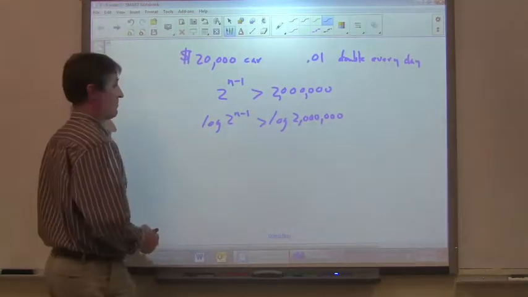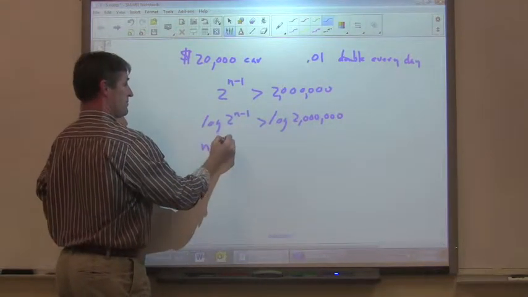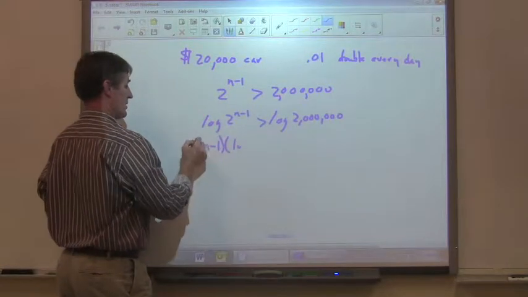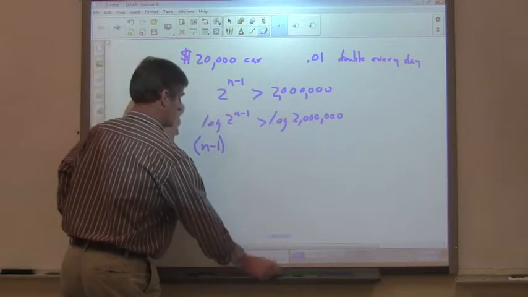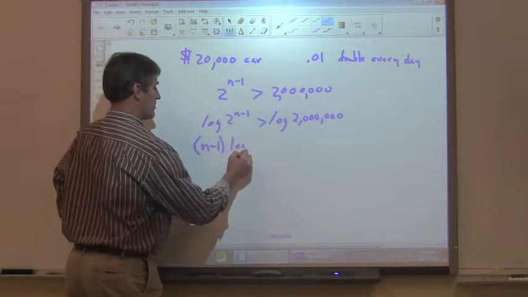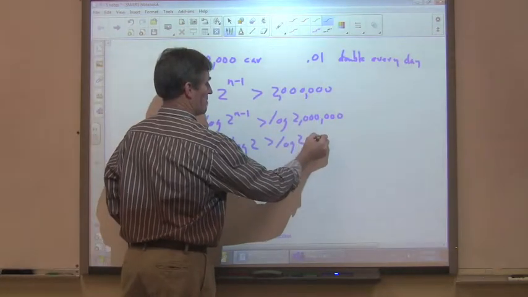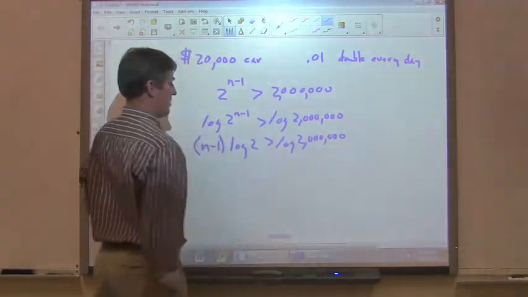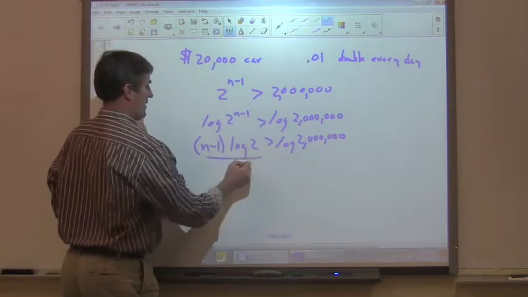Log 2 million. Bring the exponent out front. Log 2 million. Move the log to the other side, divide by log 2.